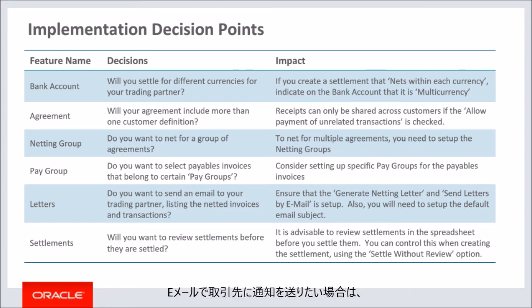If you want to send letters by email to your trading partners, you need to set up the Generate Netting functionality and ensure that a default email subject is entered in the lookup provided. Finally, and most importantly, will you want to review settlements prior to settlement? Or would you prefer to select and settle in a single step without review? All of these points will be discussed in more detail in the setup demo.